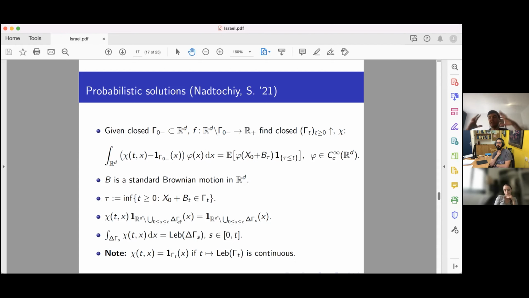So you have this non-decreasing process of sets, and sometimes you will see an instantaneous jump, so your ice block will increase instantaneously by a non-zero volume. So this delta gamma s is that set, that extra additional chunk that you add to your set at those times.